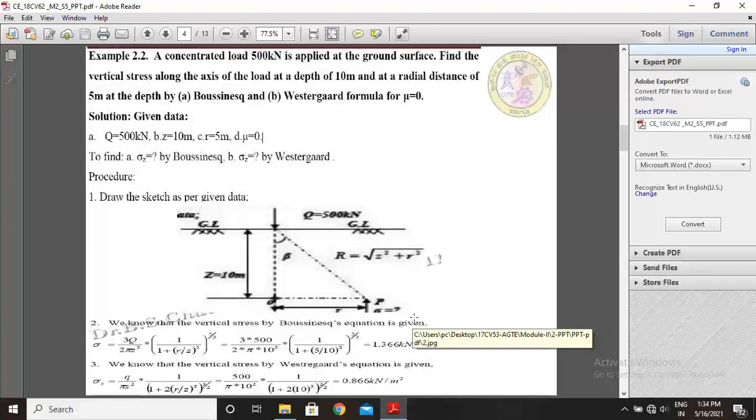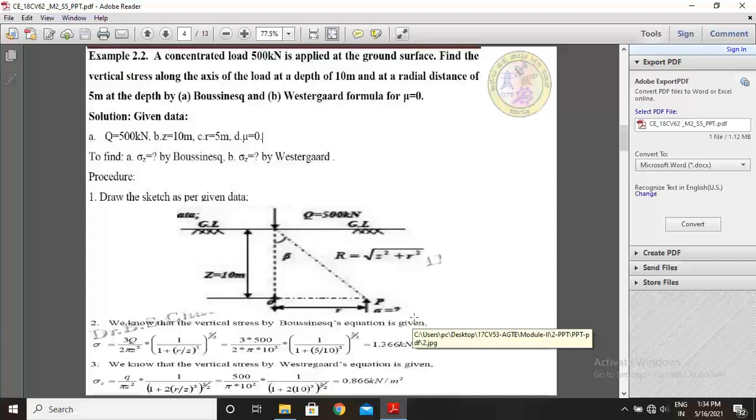A concentrated load of 500 kilonewton, that is the second problem. A concentrated load of 500 kilonewton is applied at the ground surface. Find the vertical stress along the axis of the load at a depth of 10 meter and at a radial distance of 5 meter at the same depth by Boussinesq and Westergaard formula for mu equal to 0.